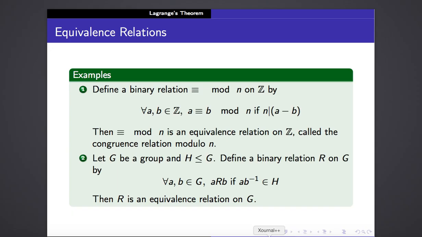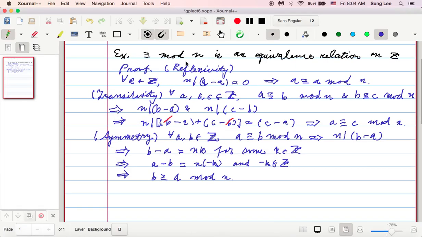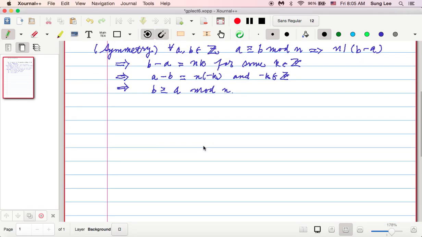Okay, let me get to my notepad again. So next example, G is a group and H is a subgroup. We define a relation.